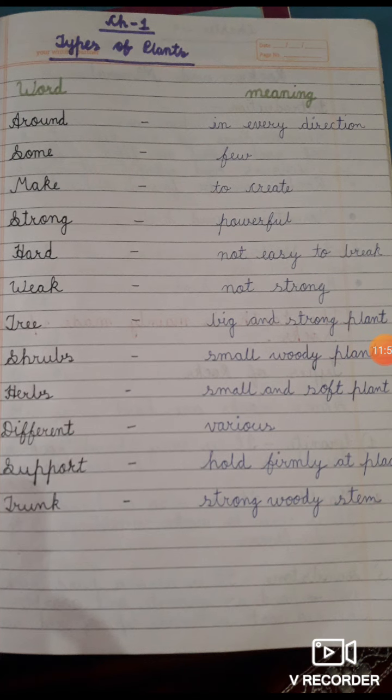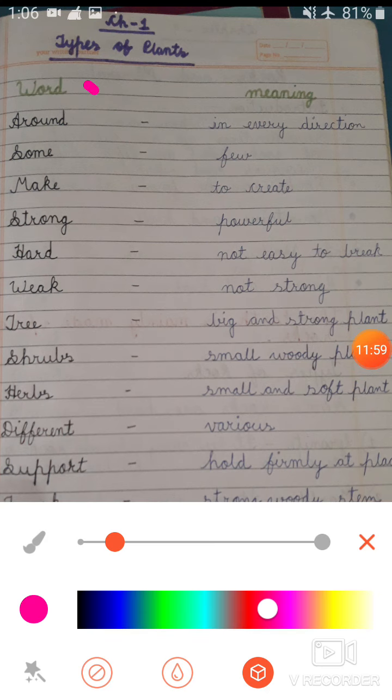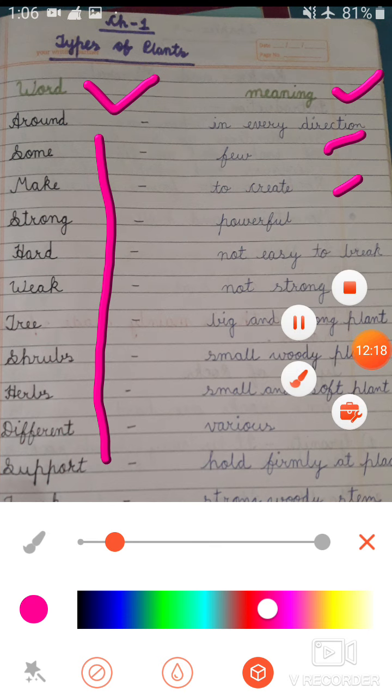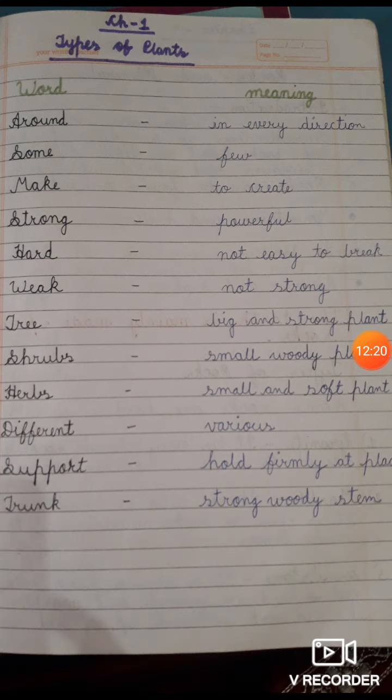Like here, in first column you have to write word, next meaning. Then you have to write the words in this column and meaning in front of the word. Okay, and you have to also mention the date.